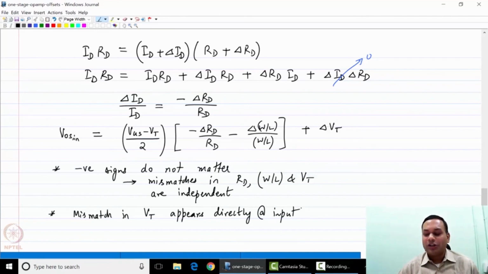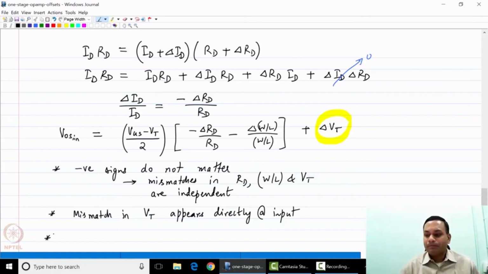Now this is quite important. You can see that the mismatch delta VT appears directly without any modification. This means that irrespective of how you design the circuit, the currents and voltages, for example, any mismatch in the threshold voltage would directly appear as an input referred offset. So therefore this is expected to be the dominant term.